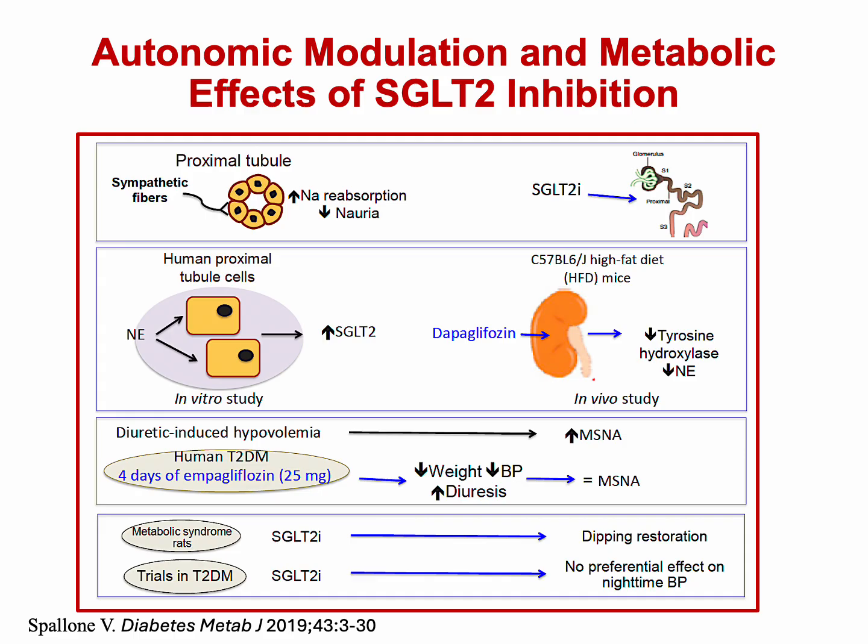This is a 2019 review by Vicente Espalion, highlighting their potential to improve heart rate variability, lower resting heart rate, and stabilize blood pressure, while also aiding glucose control, weight loss, and BP reduction. This combined effect may help slow the progression of cardiovascular autonomic neuropathy.